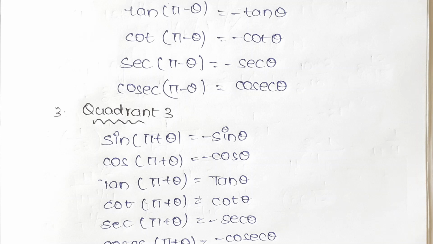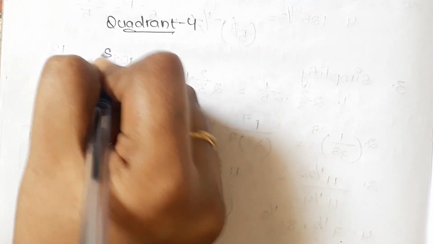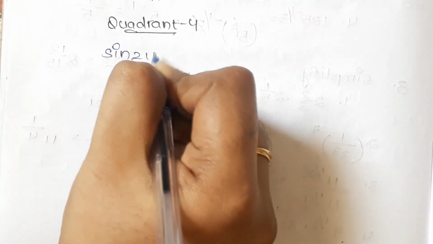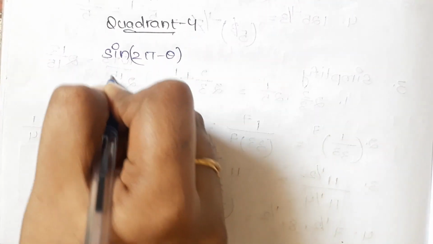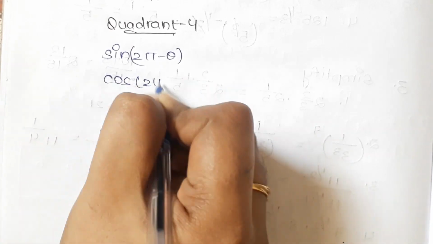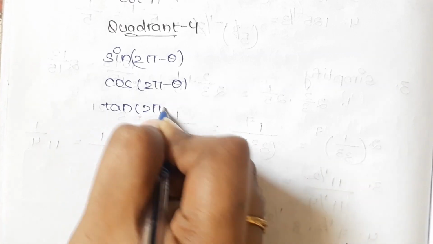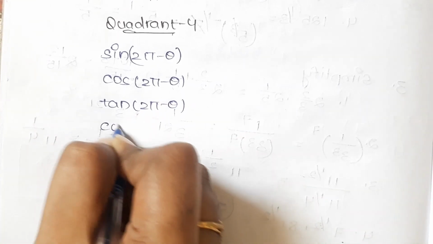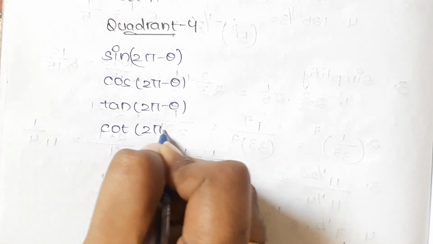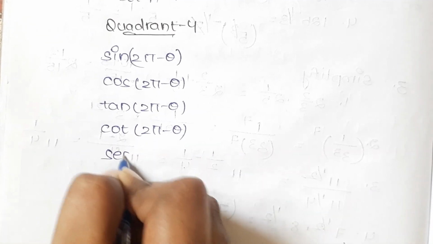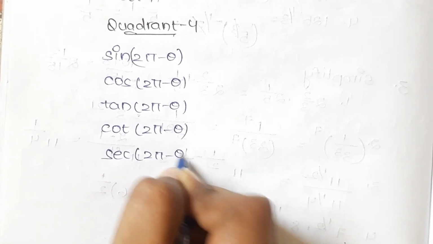Now let us see the fourth quadrant. In quadrant 4, only secant and cos are positive, that is, sin(2 pi minus theta), cos(2 pi minus theta), tan(2 pi minus theta), cot(2 pi minus theta), secant and cosecant of (2 pi minus theta).